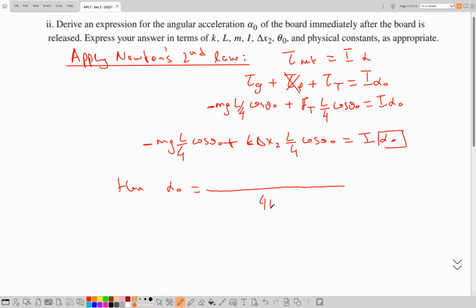In the denominator we have 4I, we can factor out L. And in the numerator we have k delta x2, okay, we can also factor out cosine theta 0, minus mg, multiplied by L cosine theta 0, and that would be the expression of the angular acceleration alpha 0. Okay, immediately after the board is released.